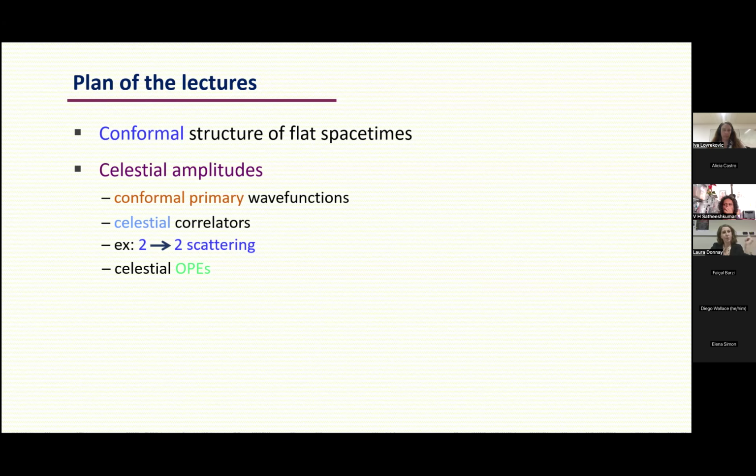Then it is going to connect with my last lecture, which has to do with this new development about W1+infinity symmetries. So this will be directly connected to the celestial OPE of gravitons, so it will also be of use for tomorrow.